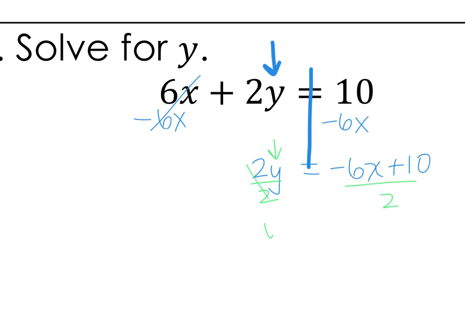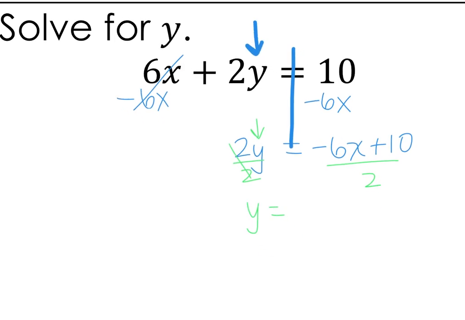Very good. Which means y equals negative 3x, because negative 6x divided by 2 is negative 3x. And then 10 divided by 2 is 5. So negative 3x plus 5. Yes, you can. If you have these terms flip-flopped, that's okay.